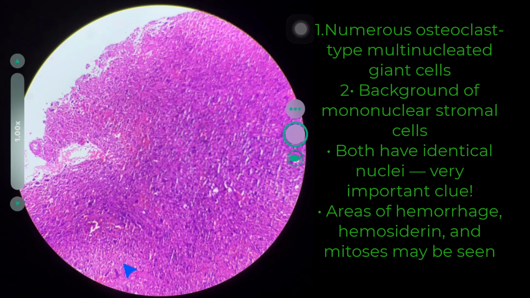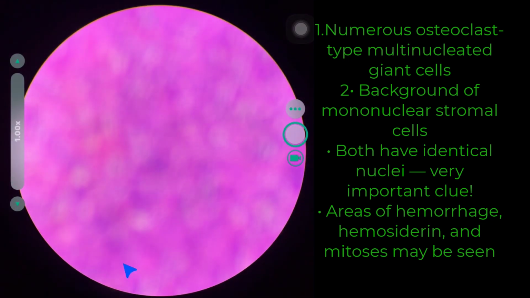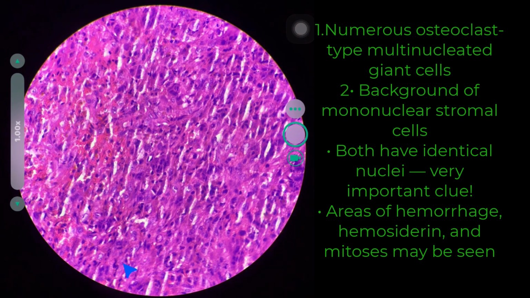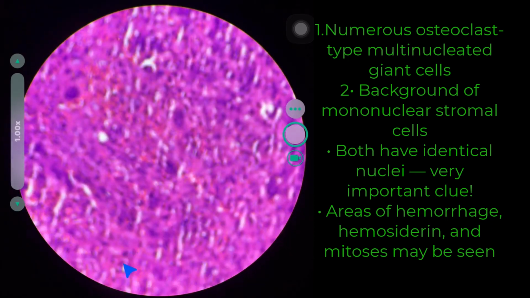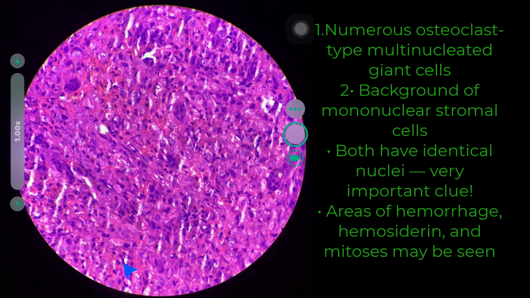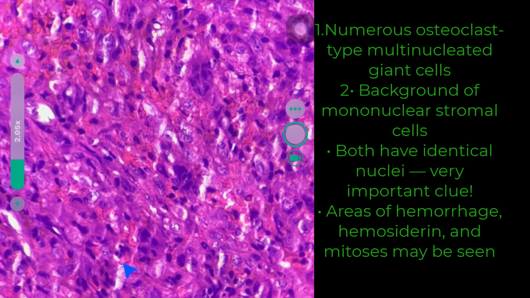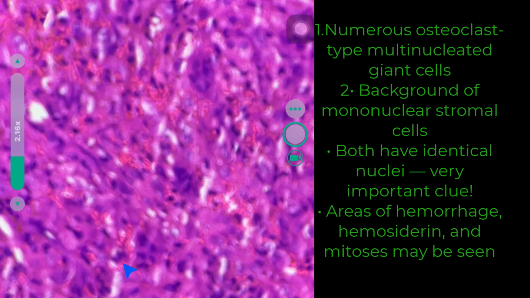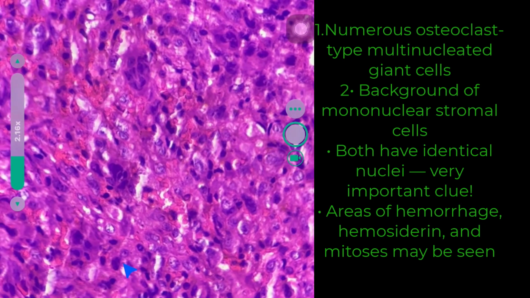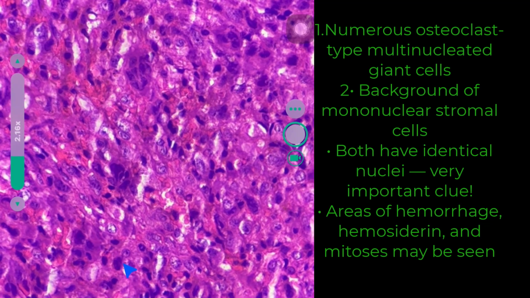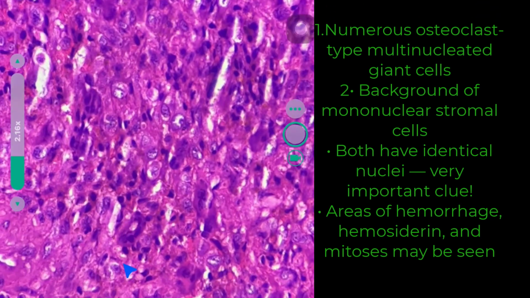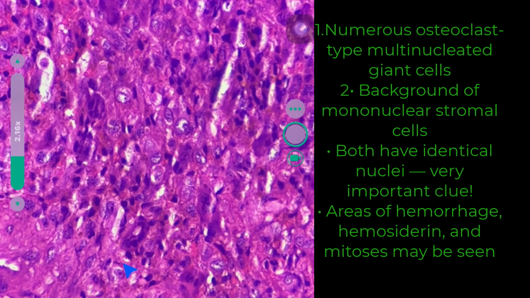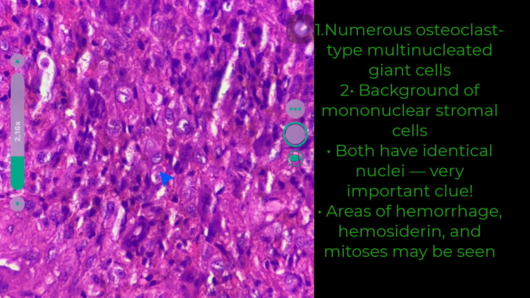Now in high power view you can see multinucleated giant cells, and in between the giant cells the neoplastic component. These are the neoplastic cells located in between the giant cells.